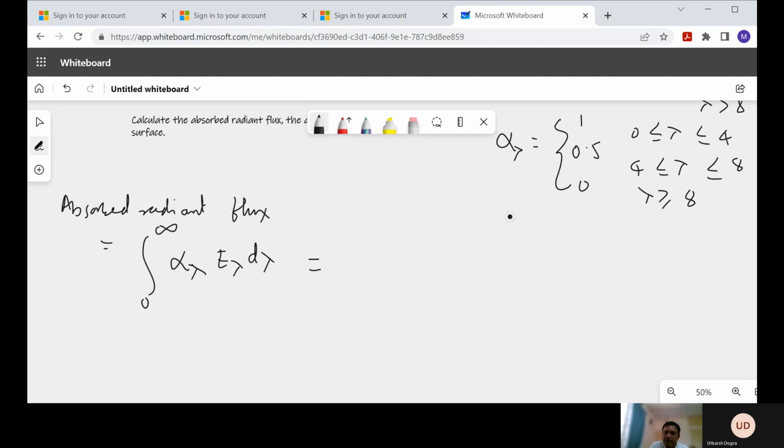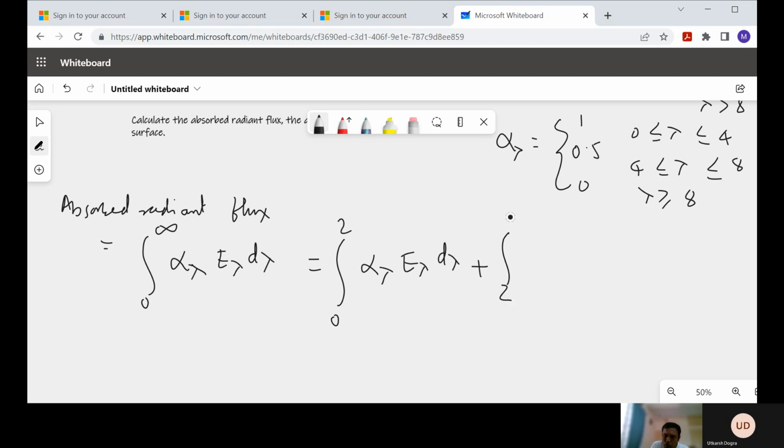Okay, so in this case now we can write down this in terms of the different values of epsilon lambda and E that are given. So we can write this as 0 to 2 alpha lambda E lambda d lambda. This will be the first term.